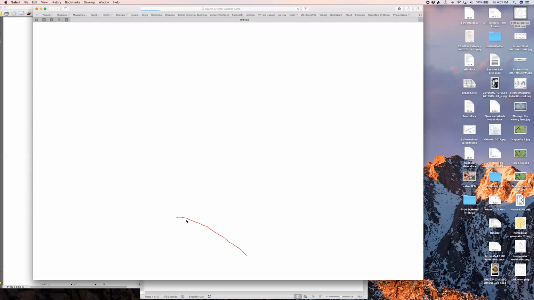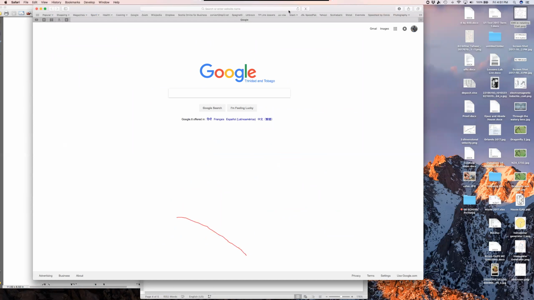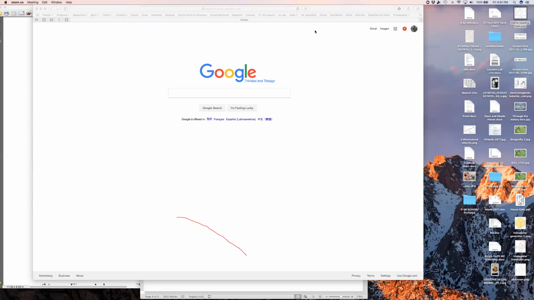What is this? So, annotate, clear, all right. No, you all don't know this. Right.